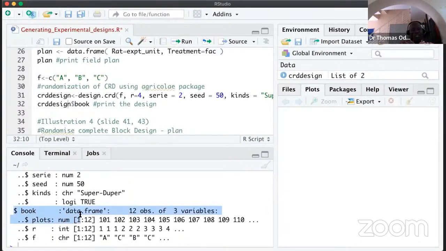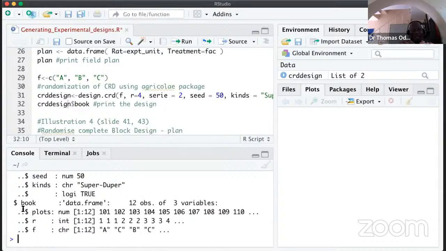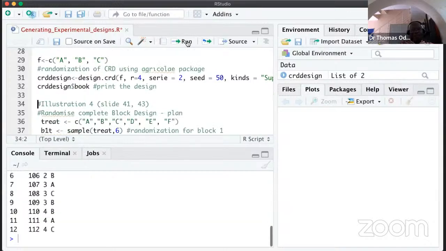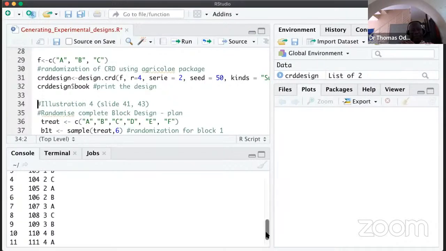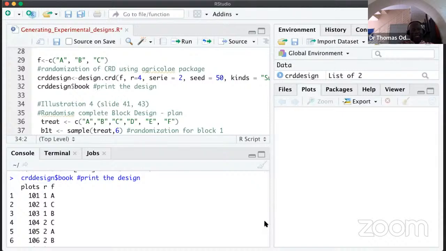Then you see we have something called a book. And they tell you a book is a data frame. It has 12 observations of 3 variables, okay? And under that, you have a plot, you have a replicate, you have F. So we can extract one part of that, which is the book. So let's run the book, and then we see what the book gives us. Okay, so you can see here, it will tell us 101, rep 1 for A, okay?